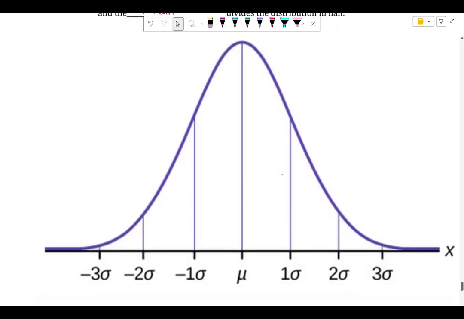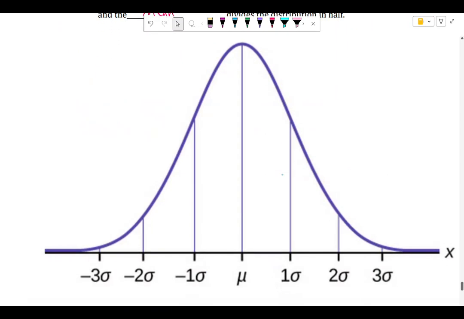Here is a picture of the empirical rule, or the normal distribution. As we talked about above, from the mean to one standard deviation above and one standard deviation below, we have 68% of the data values. Since this is symmetric, we would have 34% in each of the two regions.